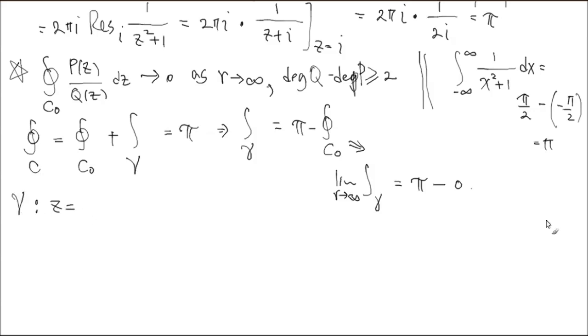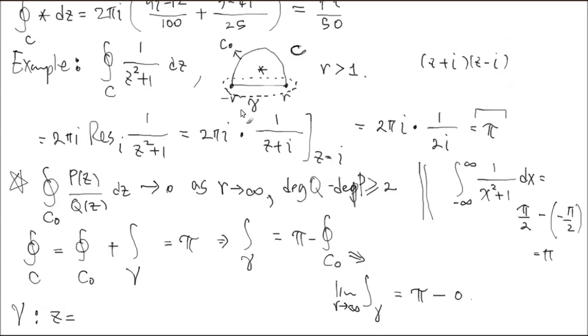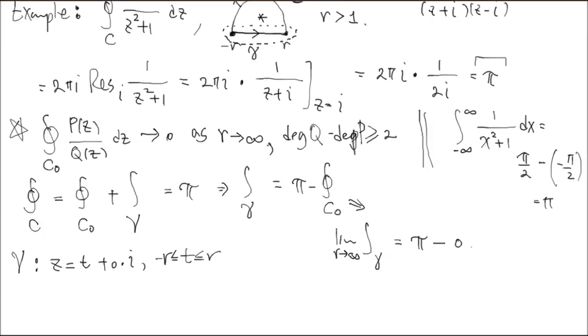If you're looking at this picture here, this bottom line is all on the real line, right? Isn't that just t plus 0 times i, where t is varying from negative r to positive r, which even respects the orientation of the bottom line? What do you say? Good?